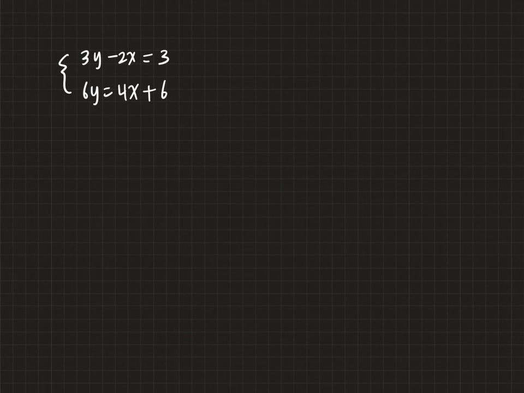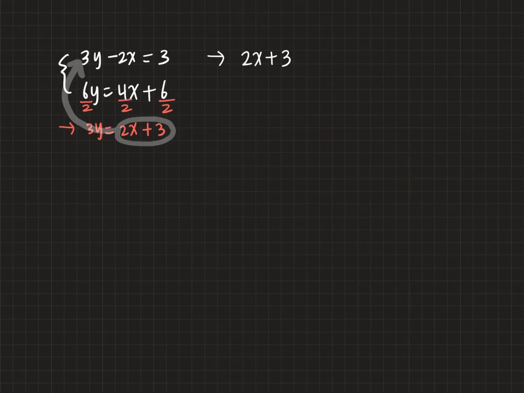If you notice that the second equation has 6y equals 4x plus 6, then I can change that into 3y equals 2x plus 3 if I divide everything by 2. So I'm going to change it to 3y so that I can plug it into the first equation where I have 3y minus 2x equals 3. So I'm going to go ahead and do that, and it's going to be 2x plus 3 minus 2x equals 3.